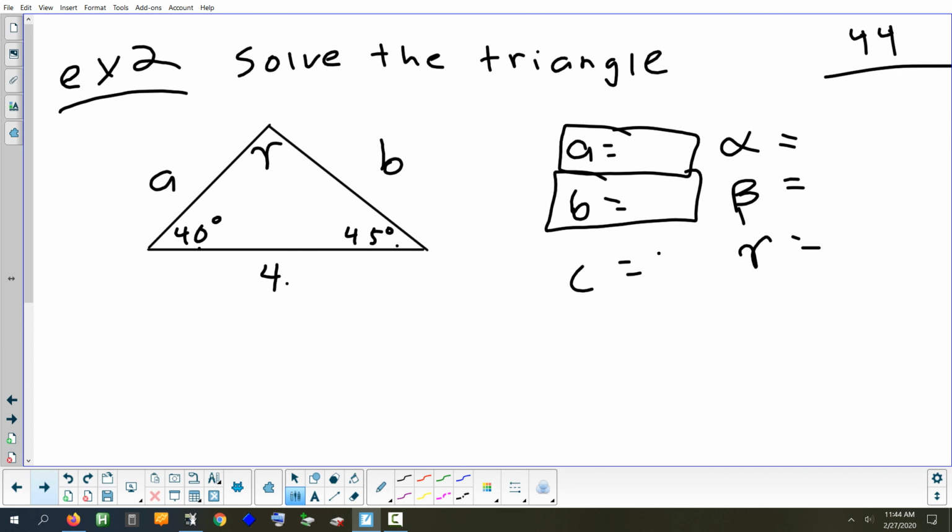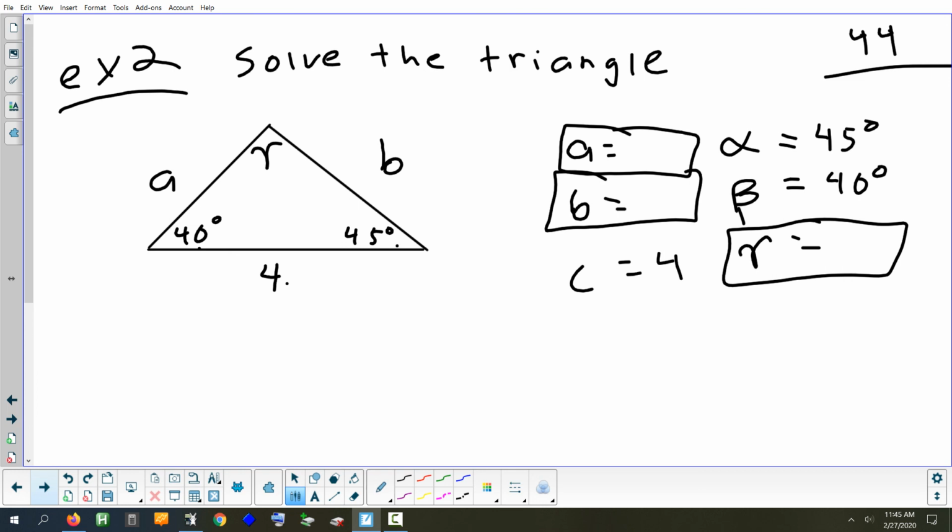Yep, what is it? 4. It's not labeled C, but it's across from gamma. That's how you know. Do I know alpha? What is it? 45. Beta is 40. And gamma, we don't know.